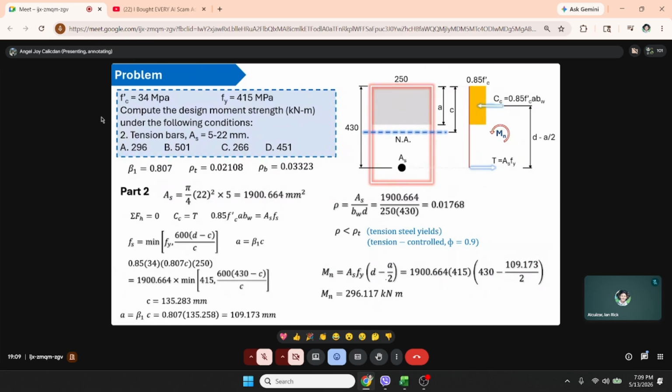So, solving for that, we get 296.117 kilonewton meter. And design man ang gipangita, so multiply na to reduction factor phi equals 0.9. And we get our final answer, 266.505 kilonewton meter.